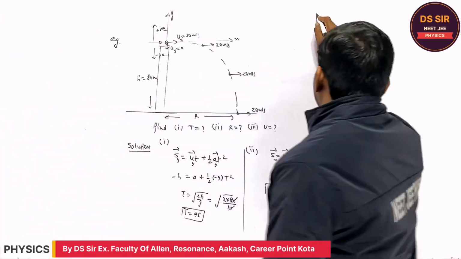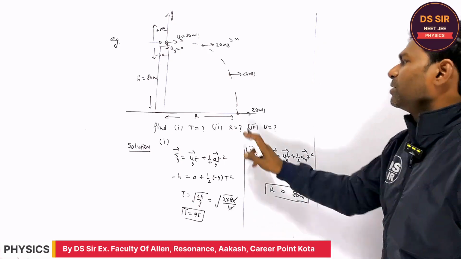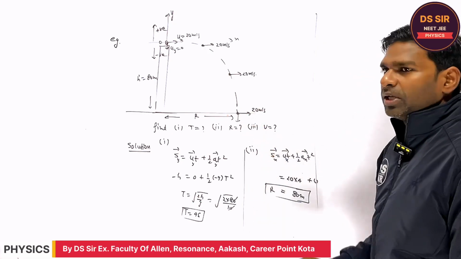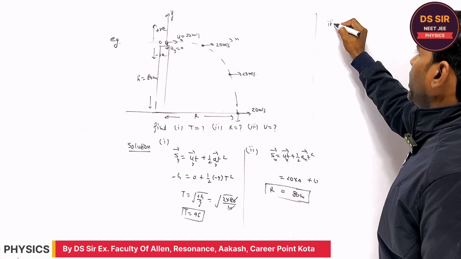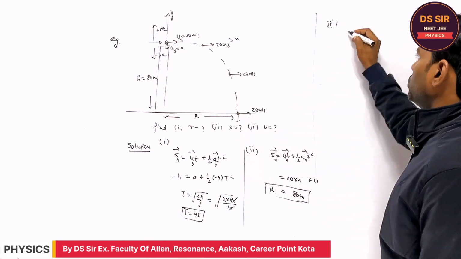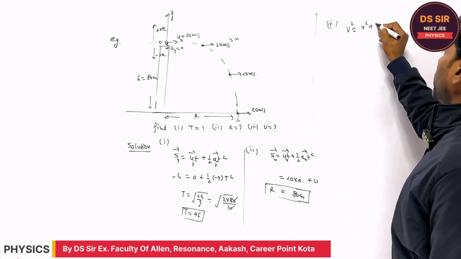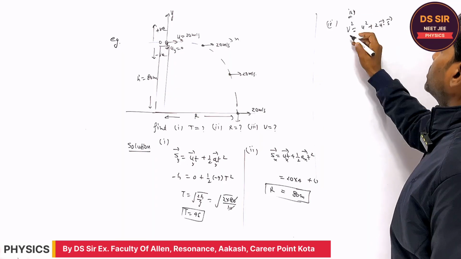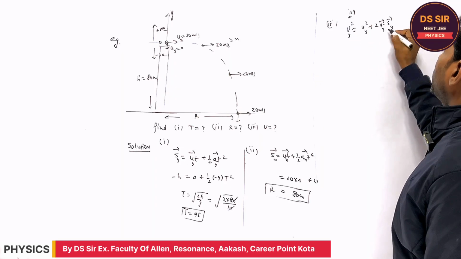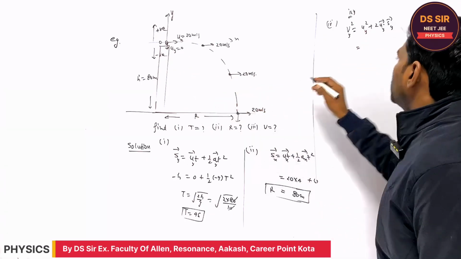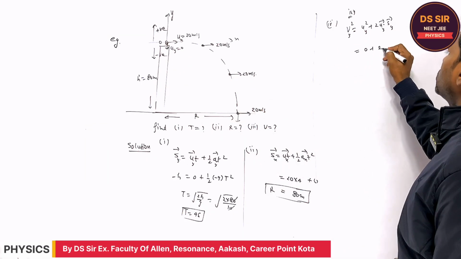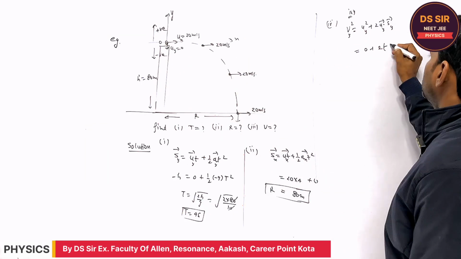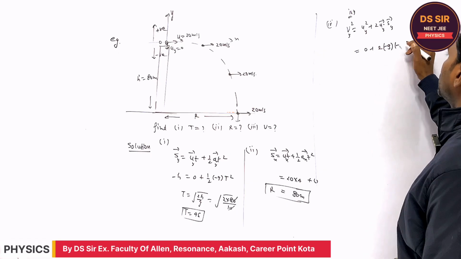Now in the third part, what we have to find? We have to find this vertical velocity. To find this vertical velocity, you can use v square equals u square plus 2a.s in the y direction. What is the uy? It is 0, plus 2 into ay, say minus g, and this is minus h.